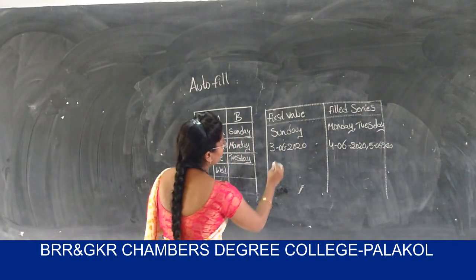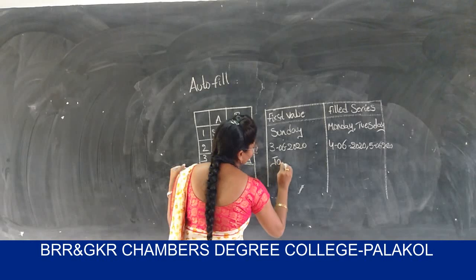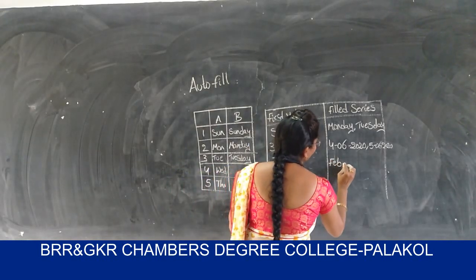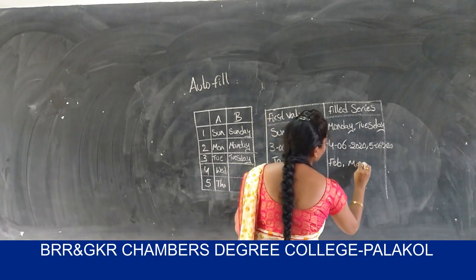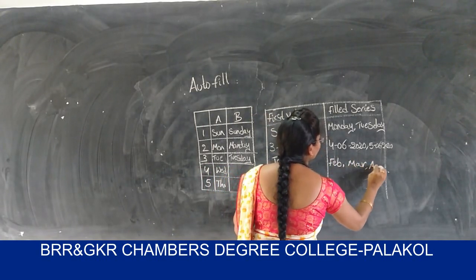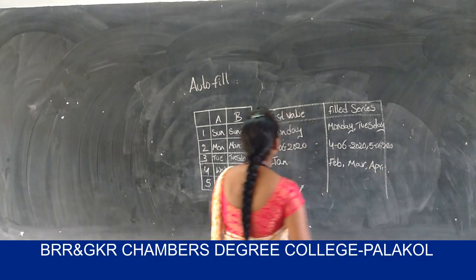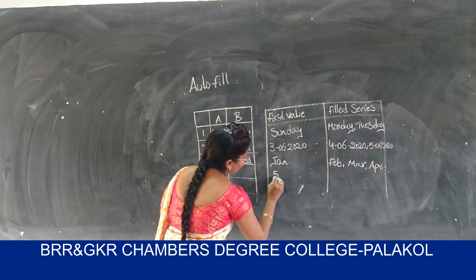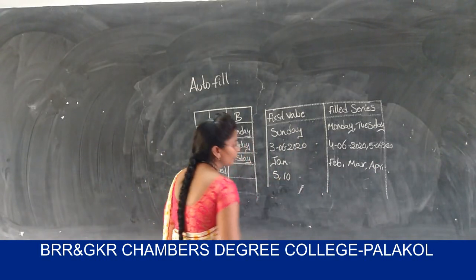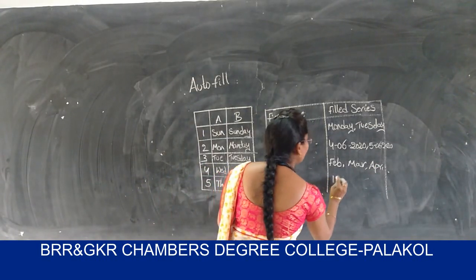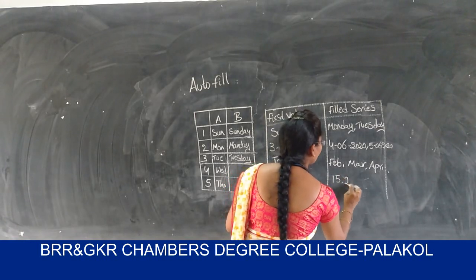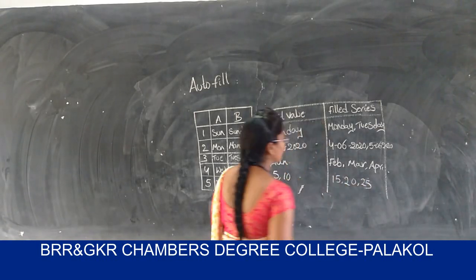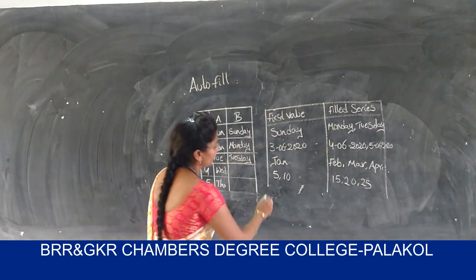And the next one is, I am taking Jan here, and the next series is February, March and April it will take. This is the format. If I am entering some 5, 10 over here, this will be filled with 15, 20 and 25. That means it is taking the 5 series in the Excel sheet.